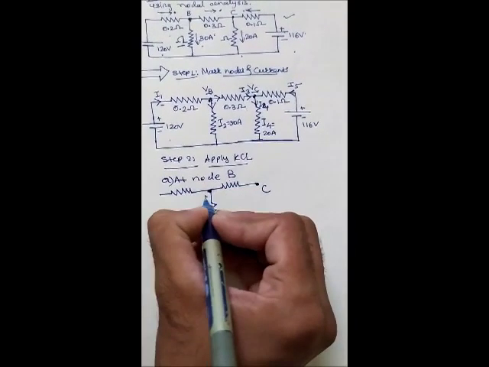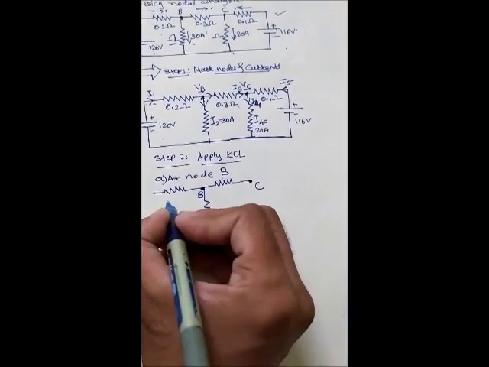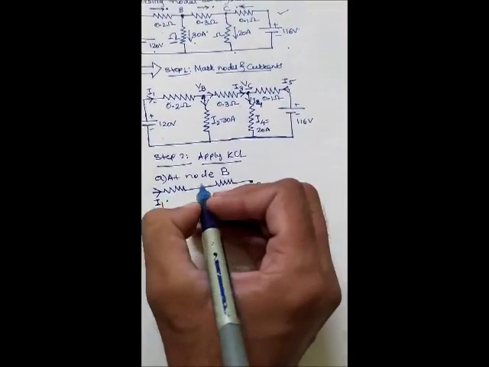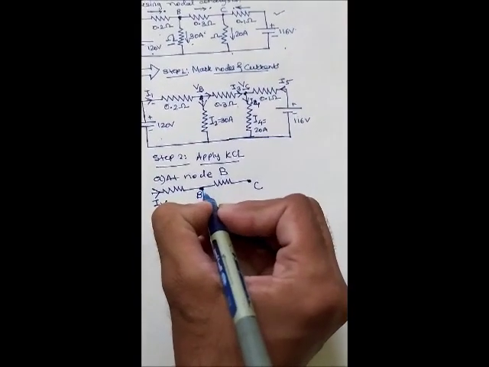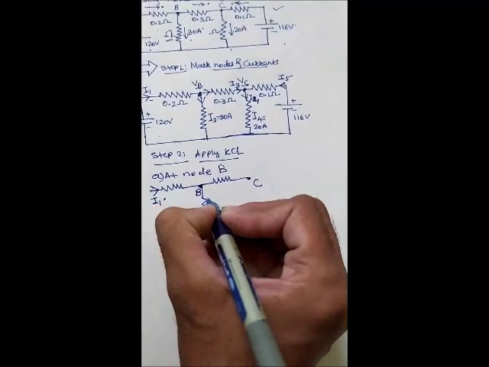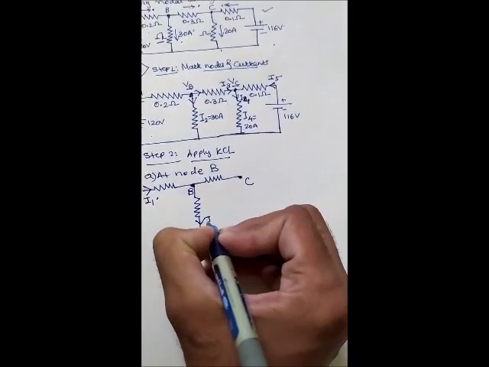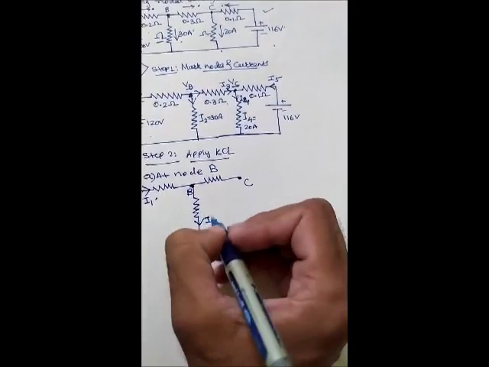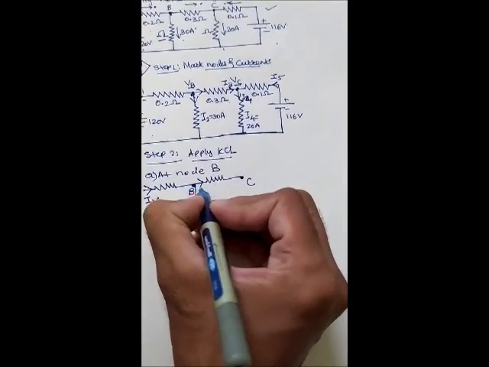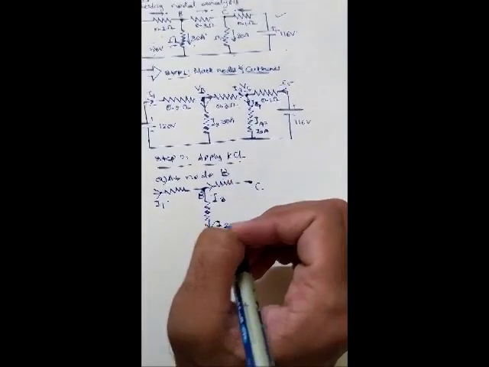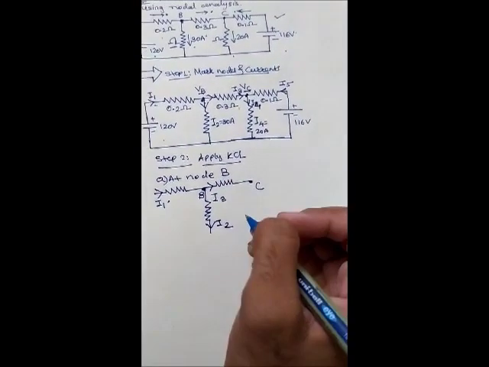This is node C, this is node B, and current I1 is flowing up to this node B, and at node B this current is divided and flows through these resistances as I2 and I3 currents.